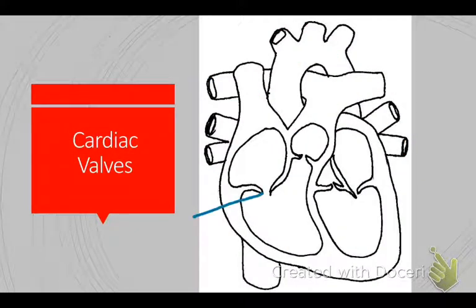Your valves are also part of this process. Your blood flows through the right atrium, through the tricuspid valve. It closes, and your valves help keep your blood going in the right direction.